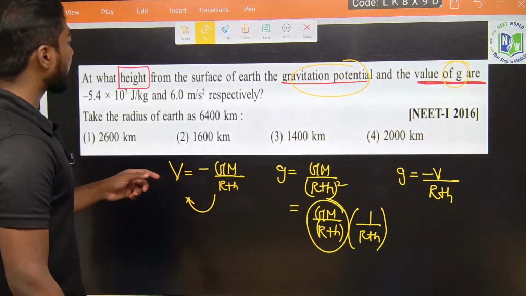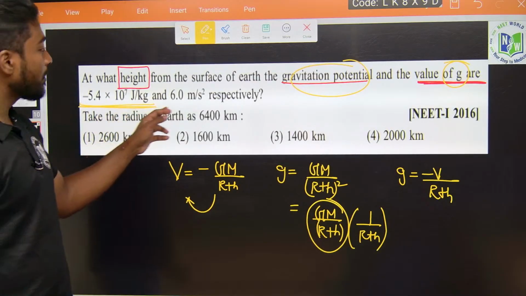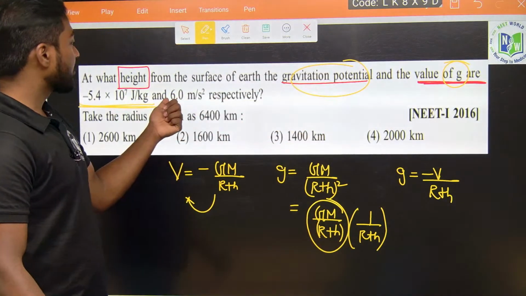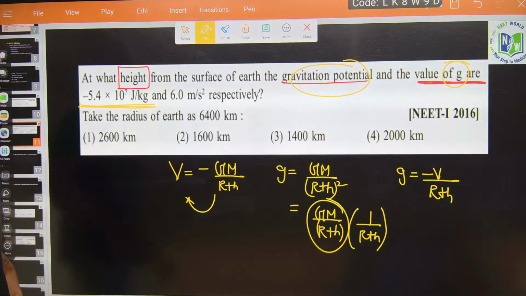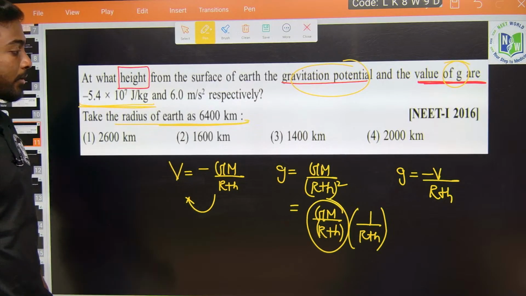What are the values given here? Potential V is given as minus 5.4 into 10 power 7, and gravitation g is given as 6. The radius of the Earth is 6400 kilometer.